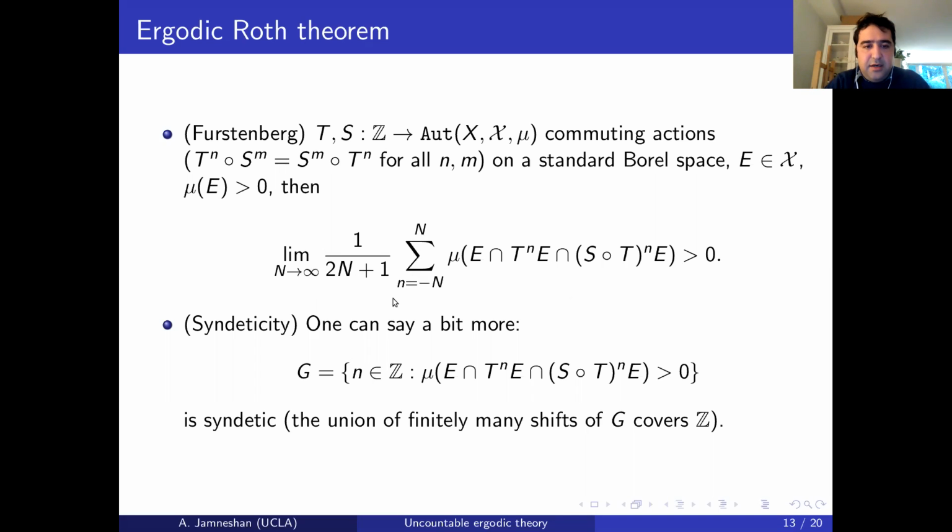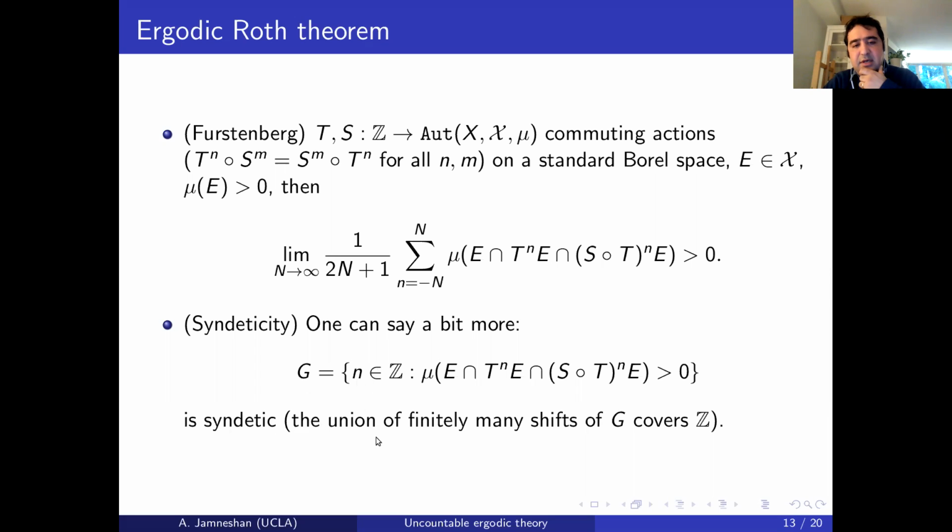And in fact, one can say a little bit more. The times at which this multiple recurrence event happens, there are a lot of such times. This set of return times is syndetic.